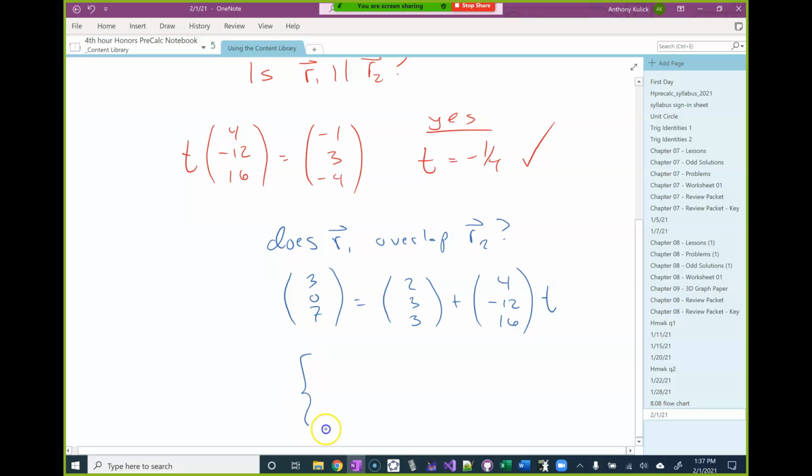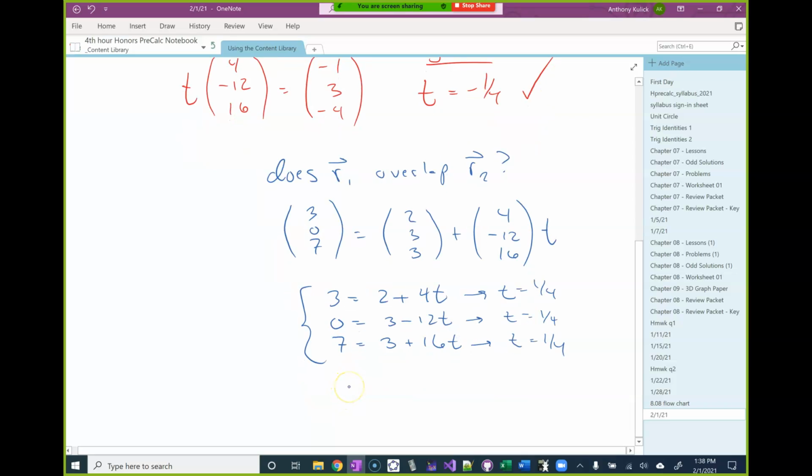So this creates a system of equations. When I solve that system, I get the same value for t each time.